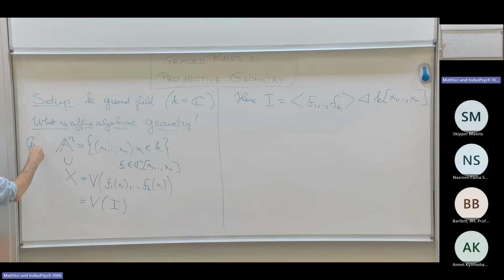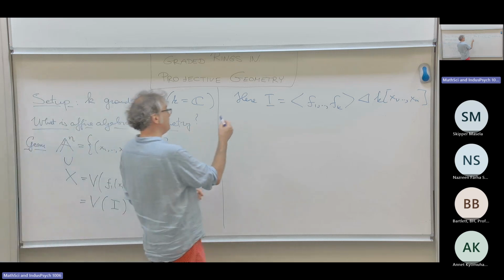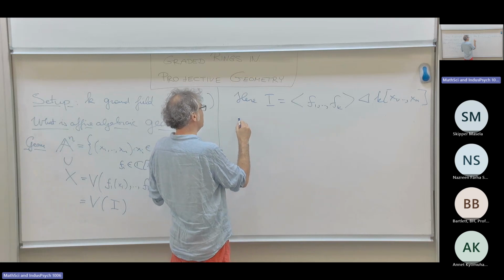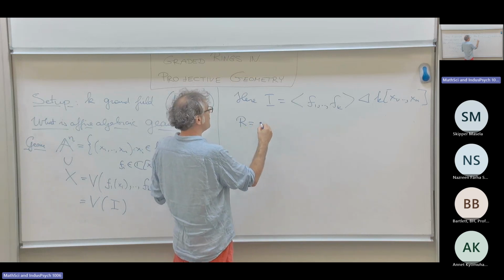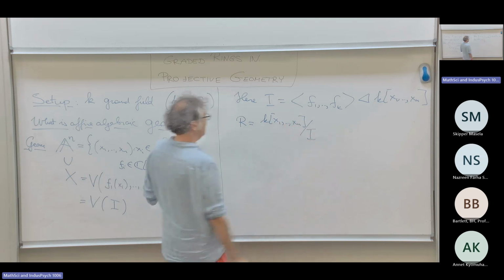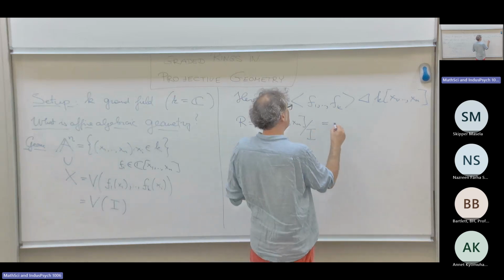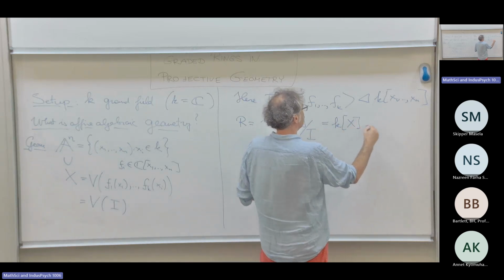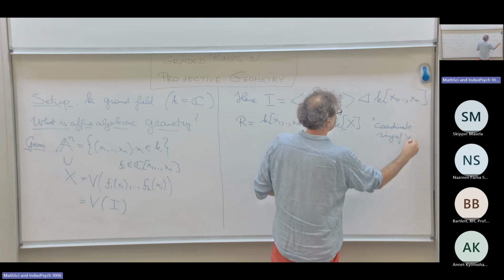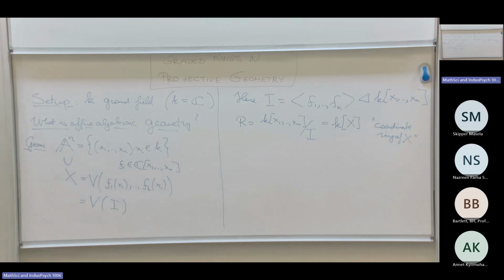In algebraic geometry, there is always a geometric setup. Now the algebraic setup is slightly different. This is the algebra side. So we can consider a ring R, which is the quotient ring of the polynomial ring by this ideal I. This is usually denoted K[X], and it is called the coordinate ring of X. So here we start from geometry, from a space.